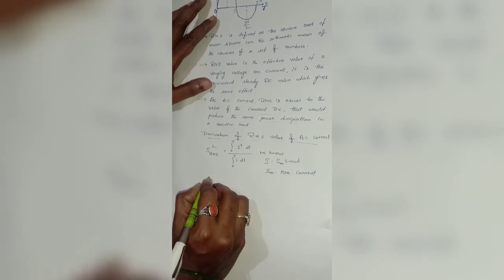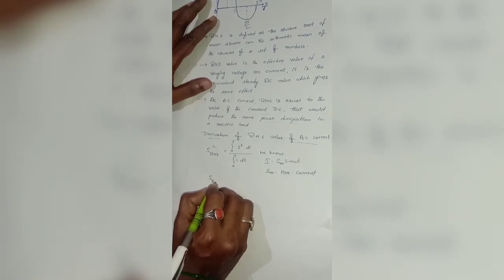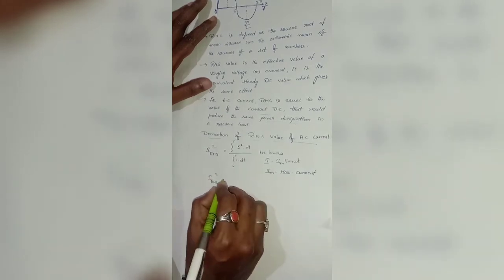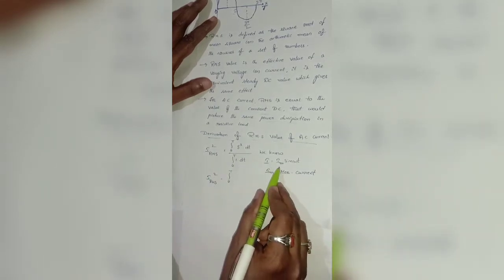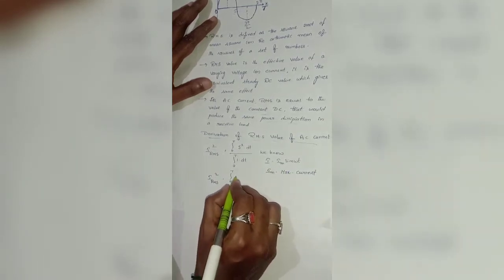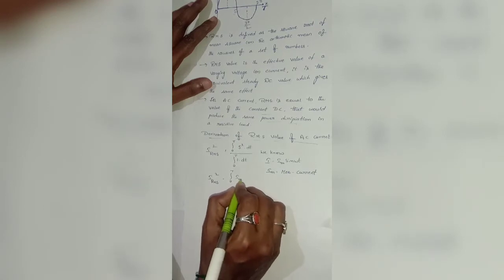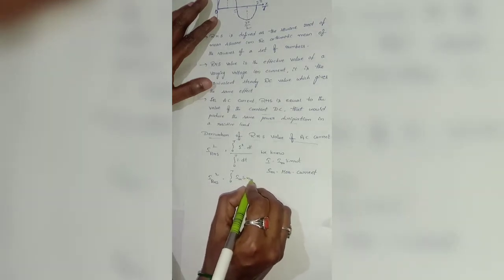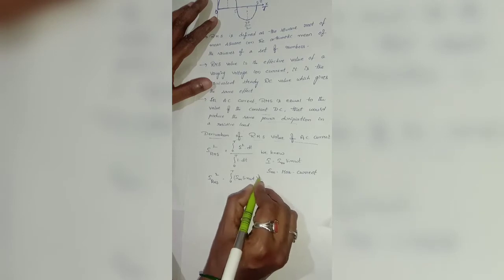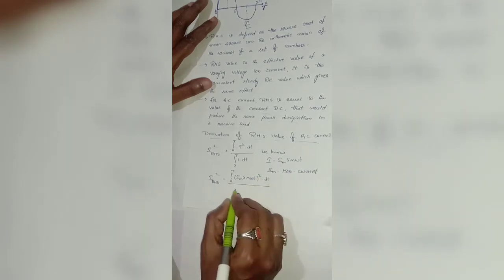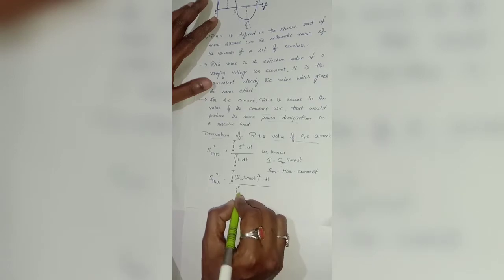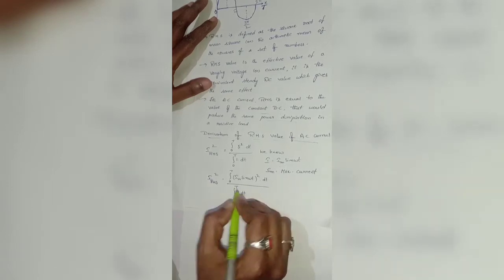Next, we substitute here: IRMS square is equal to integral of 0 to T of (Im sin omega t) whole square dt, divided by integral of 0 to T of 1 dt.